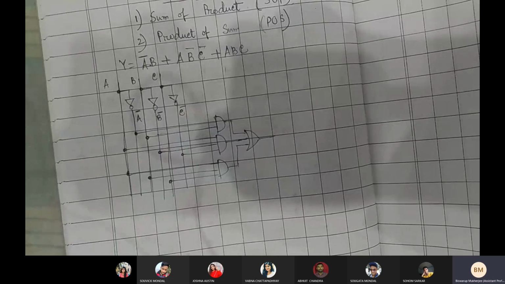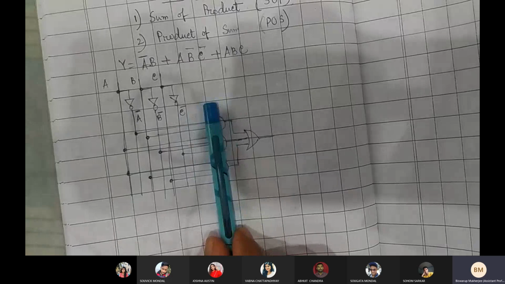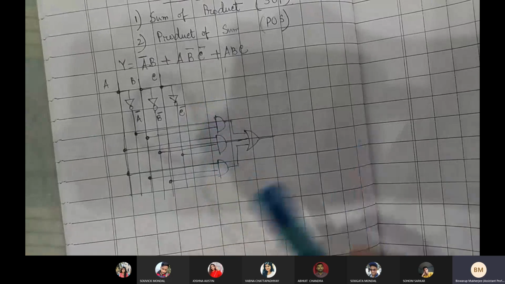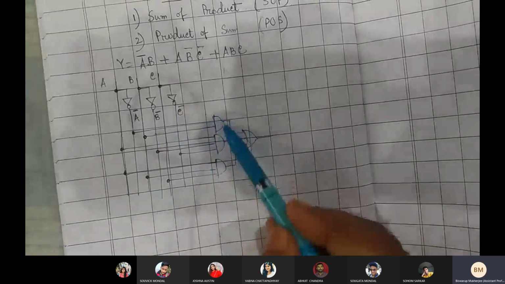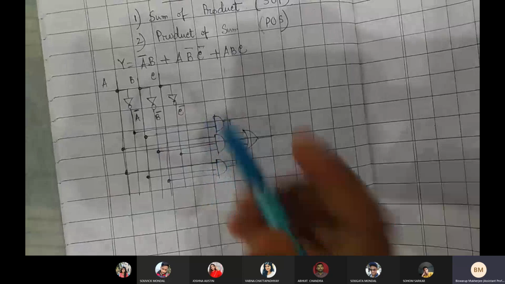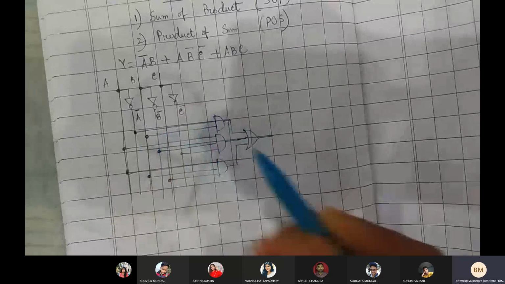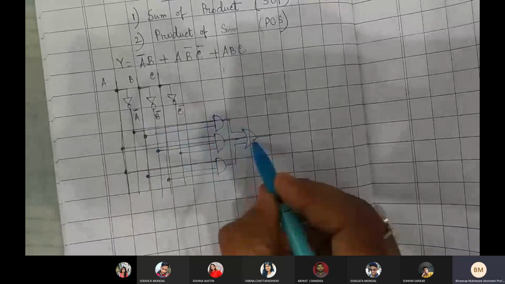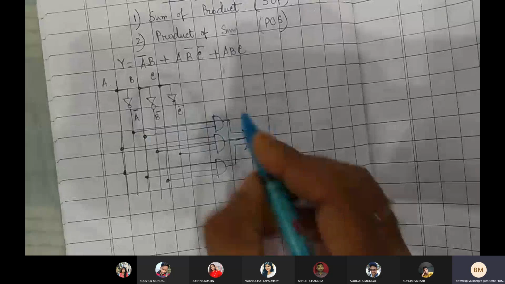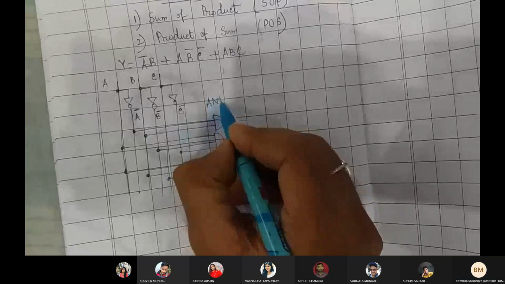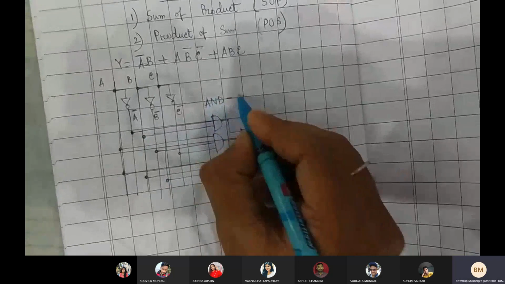If you have a particular array of AND gates, like right over here, then an array of AND gates, or a parallel set of AND gates, is followed by an OR gate. So first AND followed by OR.